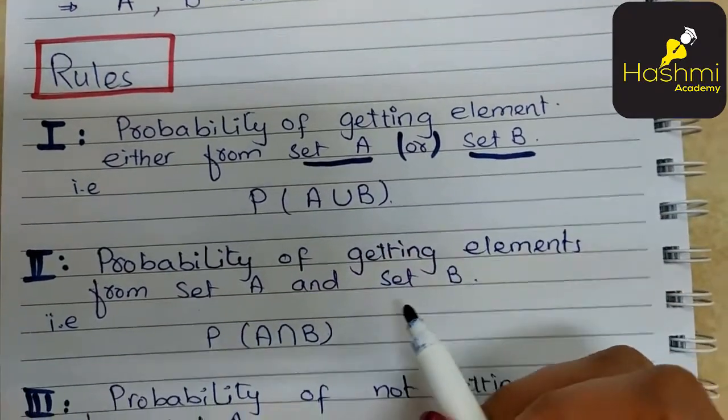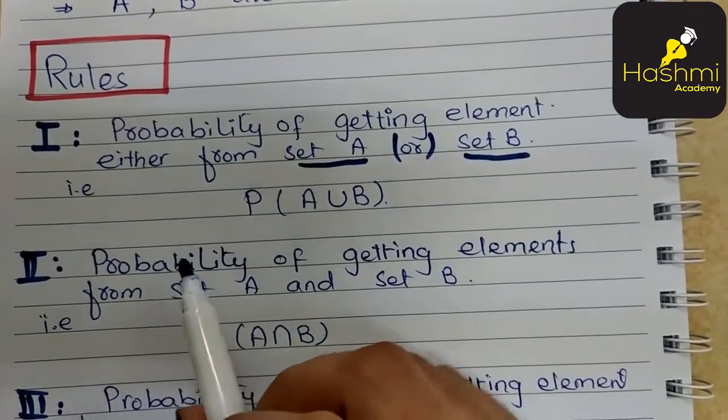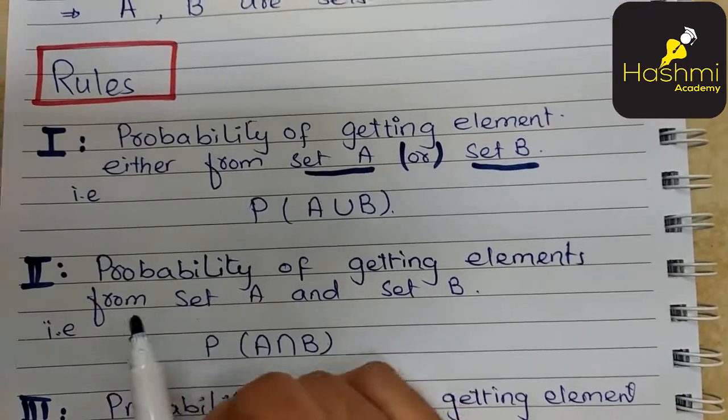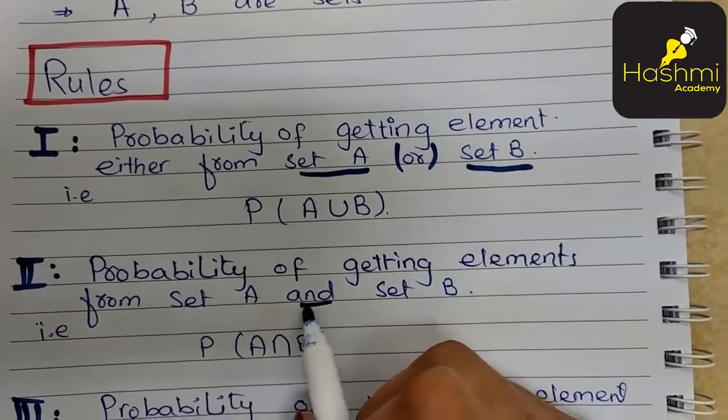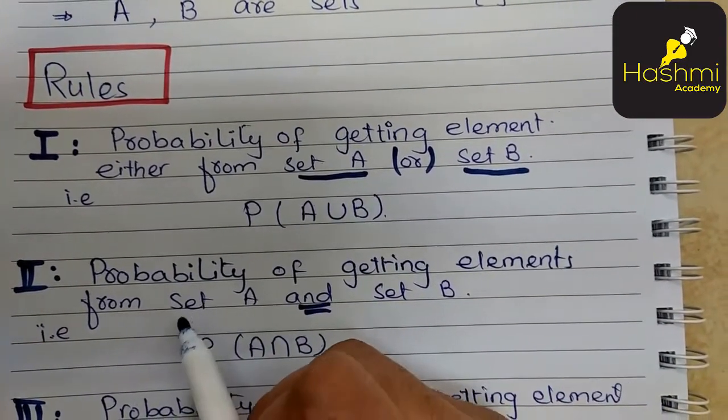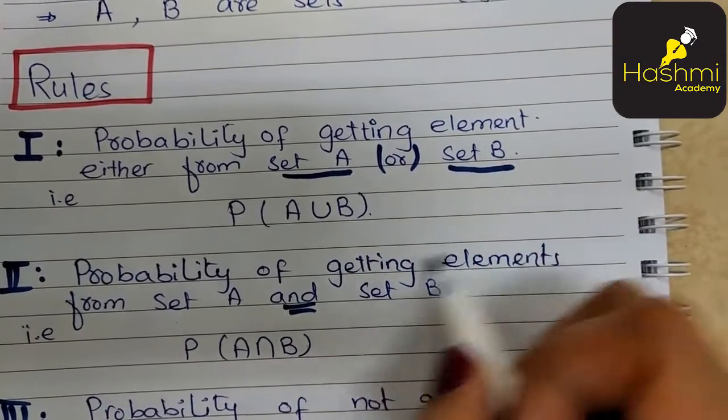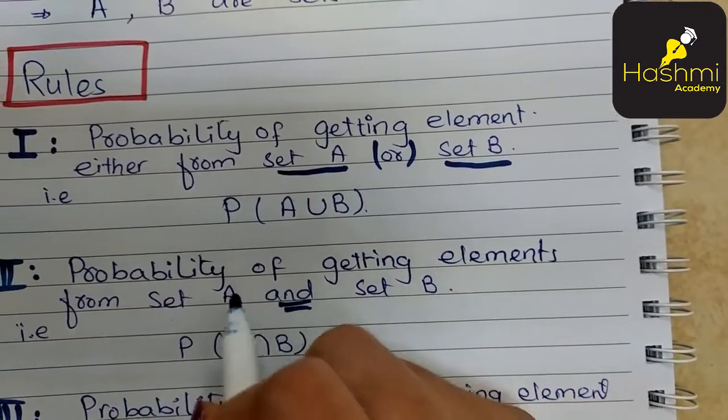What about rule 2? If they say probability of getting elements from set A and set B, you have to find the probability of the element which is involved in both sets.